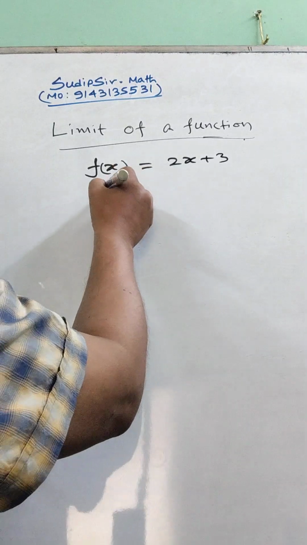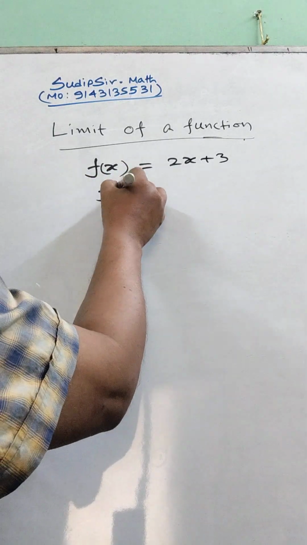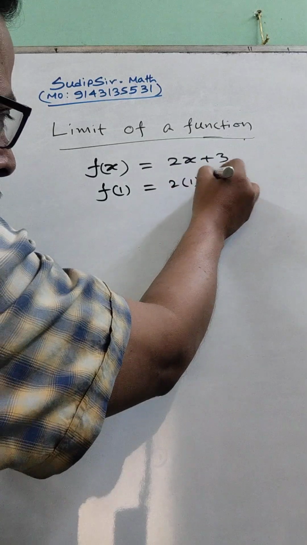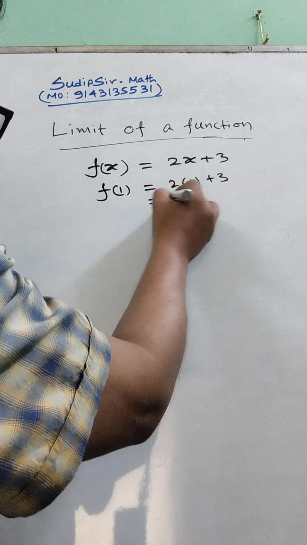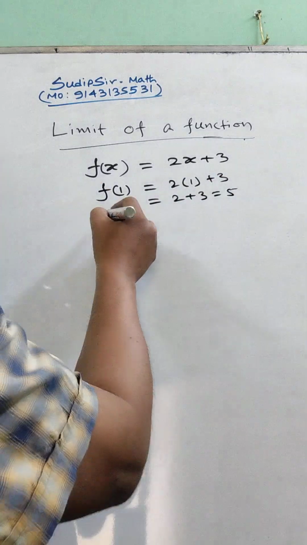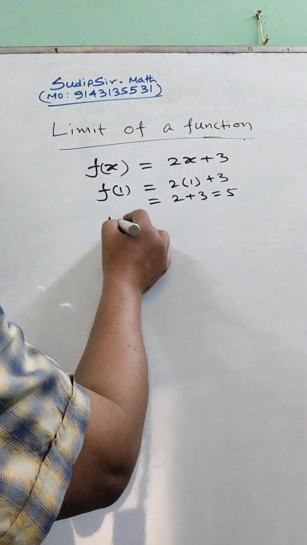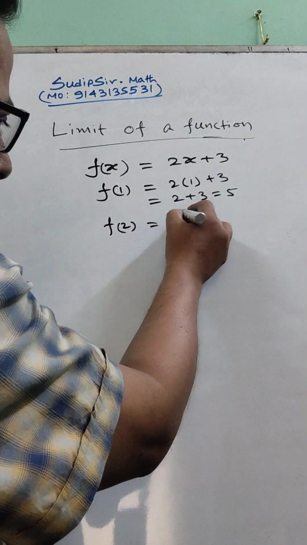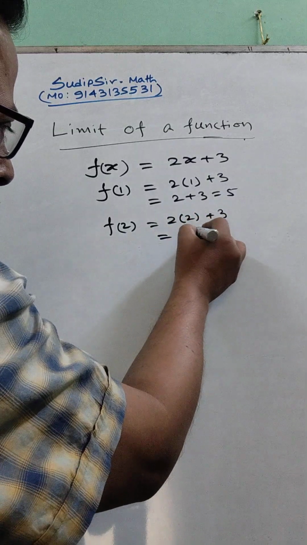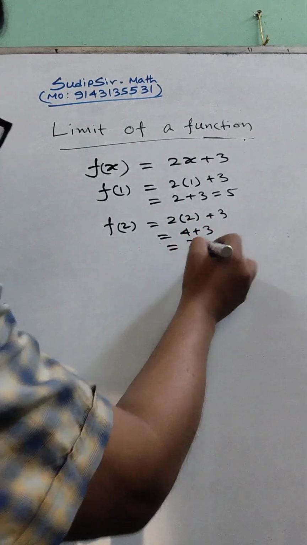Now, for this we know if we put x equal to 1, it is 2 into 1 plus 3, that is 2 plus 3, 5. Now, say f of 2, then this will be 2 into 2 plus 3, that is 4 plus 3, 7.